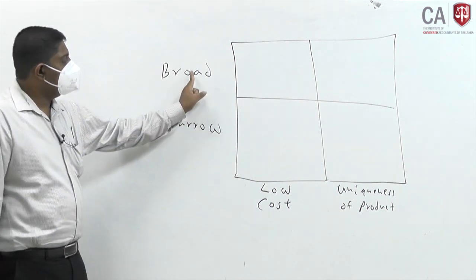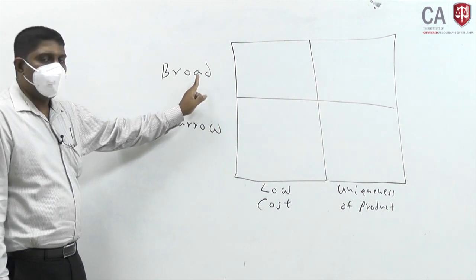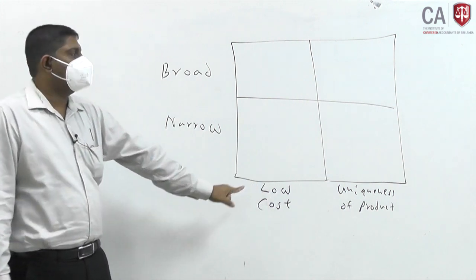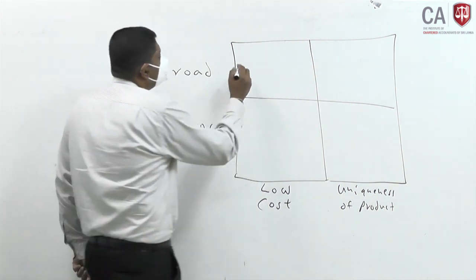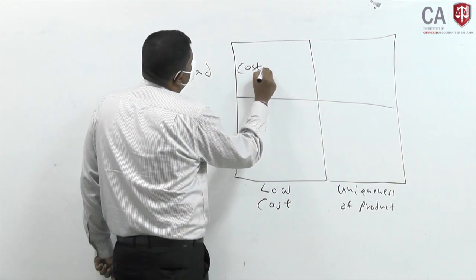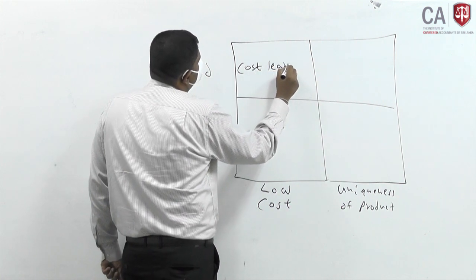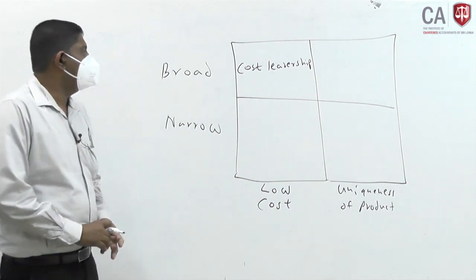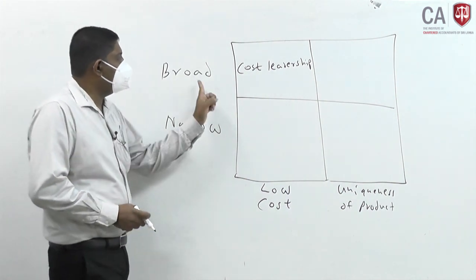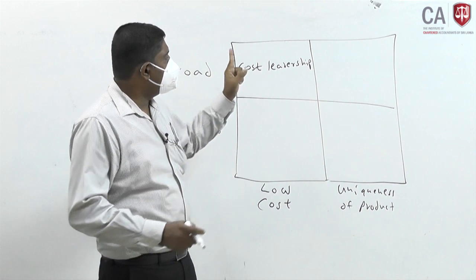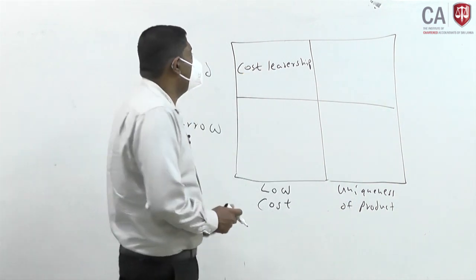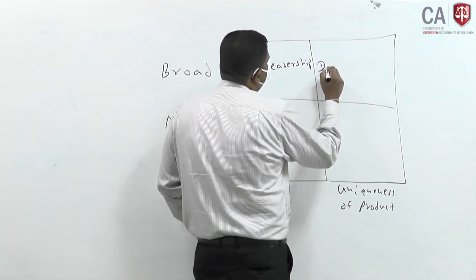If you decide to operate in the broad market and focus on producing the good at the lowest cost, the strategy is called cost leadership strategy. If you decided to operate in the broad market and try to differentiate your product from other products in the marketplace, that is called differentiation strategy.